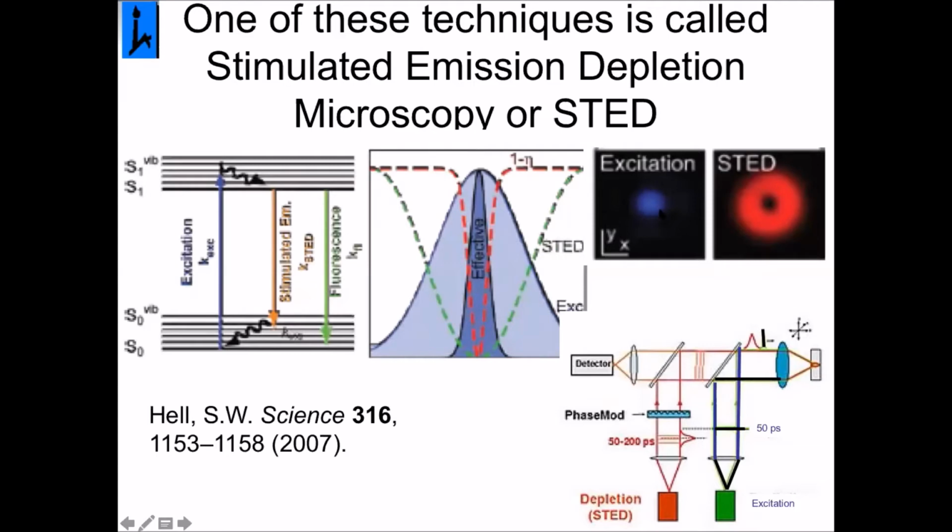You excite with blue, and then you deplete all around, and you're left only with a smaller point of light, okay? At the ultimate, if you can shine tons of light and you study diamond, NV centers, I don't know if you know what an NV center is, it's a nitrogen vacancy center which emits light in diamond, okay? You can get even 30 nanometers with STED, but you need so much light to do it that you'd kill anything other than diamond, okay?